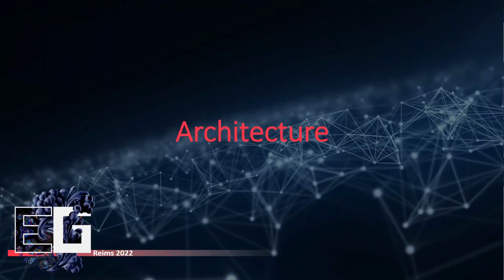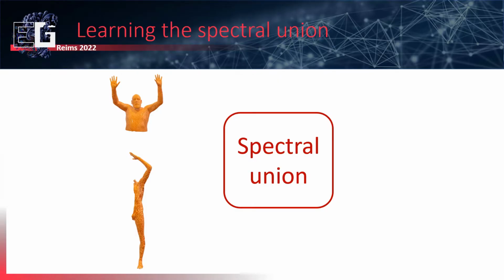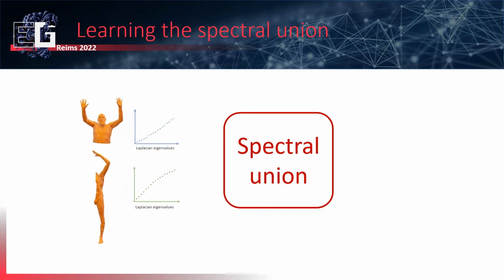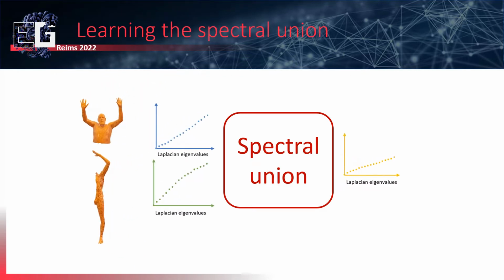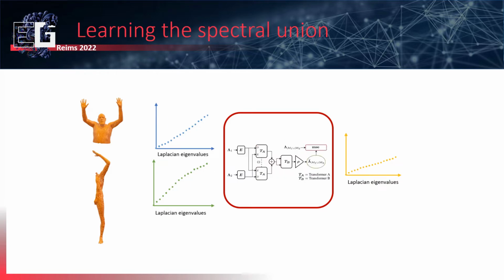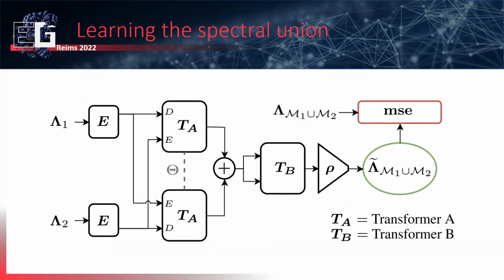So the architecture to perform the spectral union is the following. Given the two shapes, and in particular given their eigenvalues, we compute the union eigenvalues with a spectral union operator. That is a learning model, a neural architecture. This is quite simple. Let's go through it step by step.